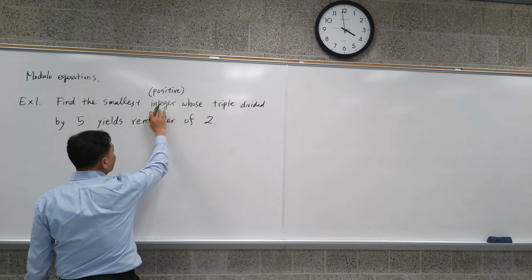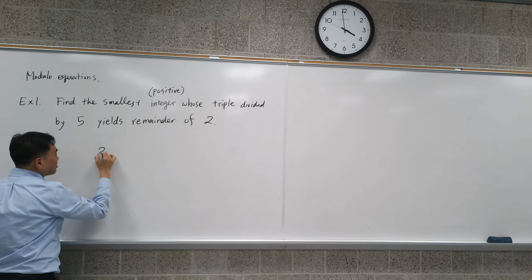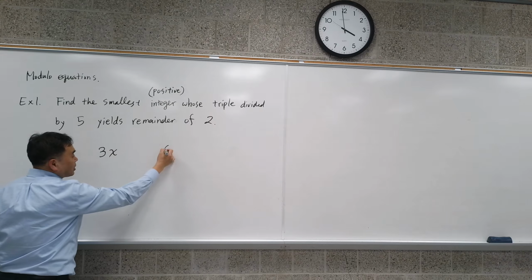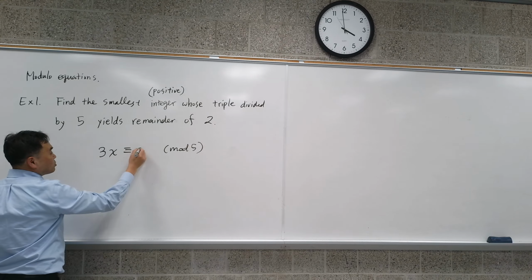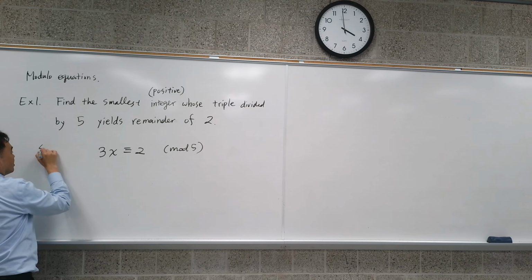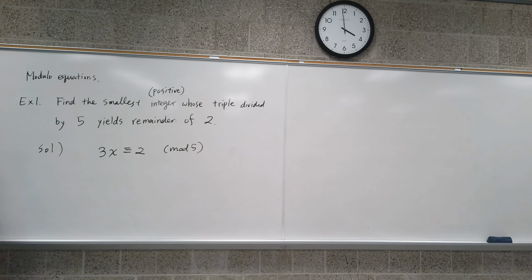There's a number whose triple, 3 times x, in mod 5 gives you 2. That's what the question is asking for. Now here's a dilemma.